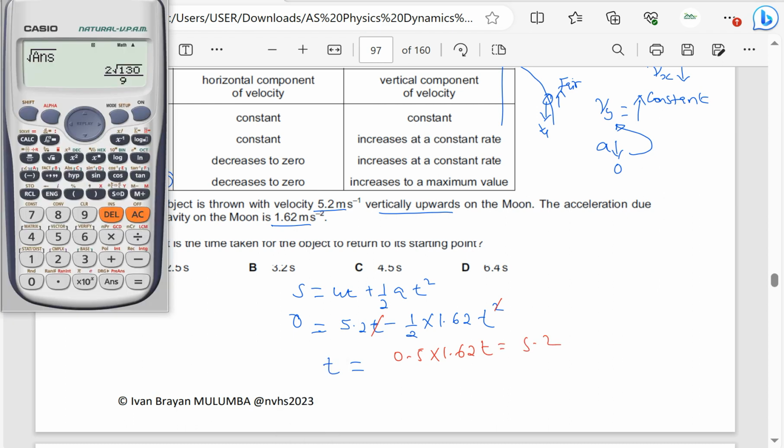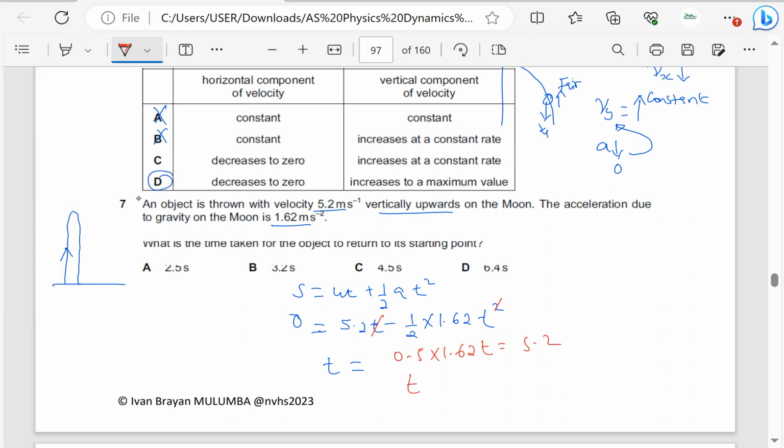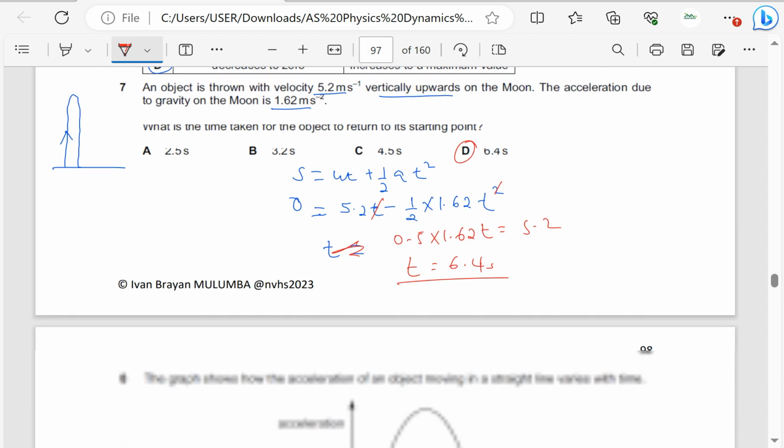That's why I don't find the square root, so it is simply 5.2 divided by 0.5 times 1.62. So this is 6.4, so t is going to be 6.4 seconds. So the answer is going to be D, 6.4 seconds.